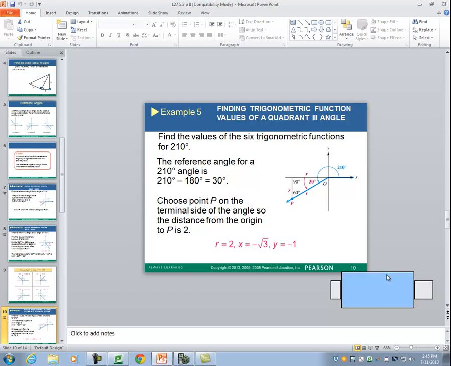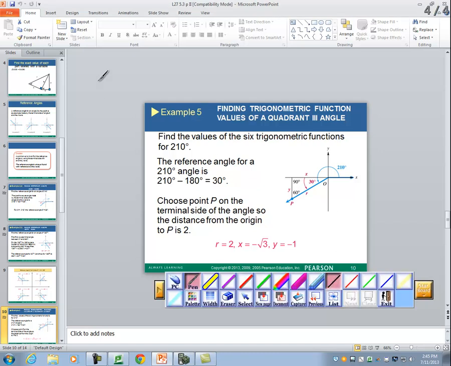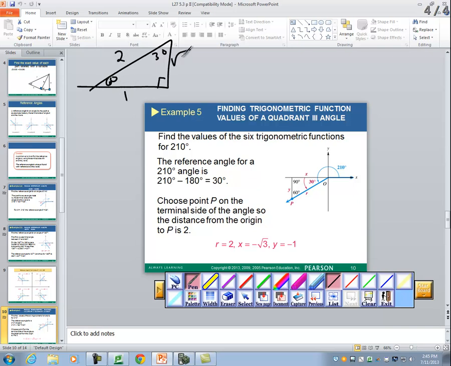Well, if we were to look at our special triangle, right, 60, 30, 90, here's 1, 2, square root 3. We want to find sine, cosine, tangent.